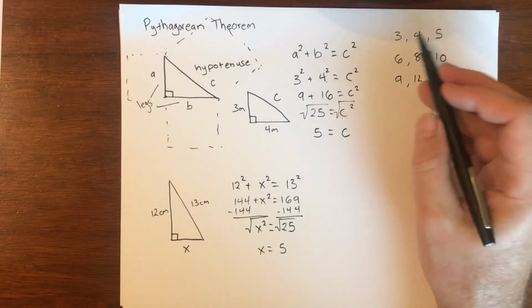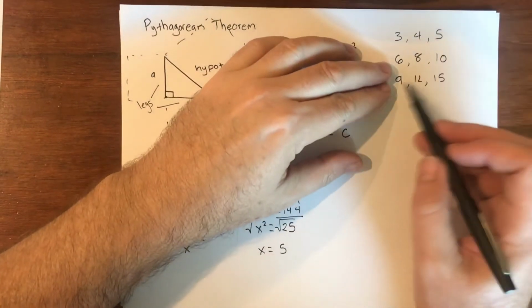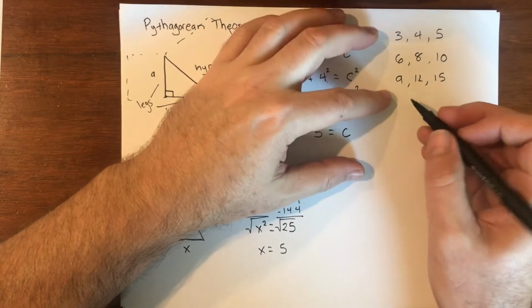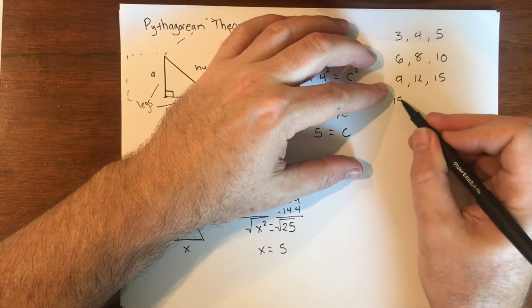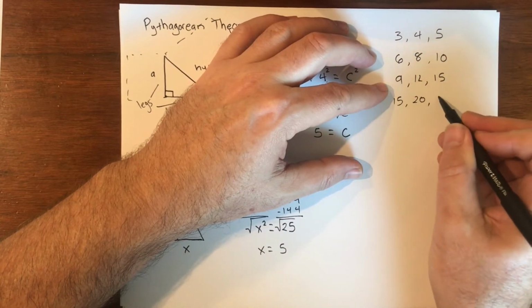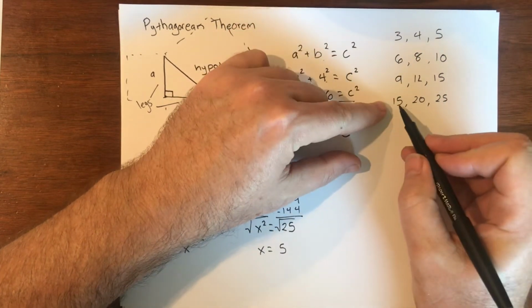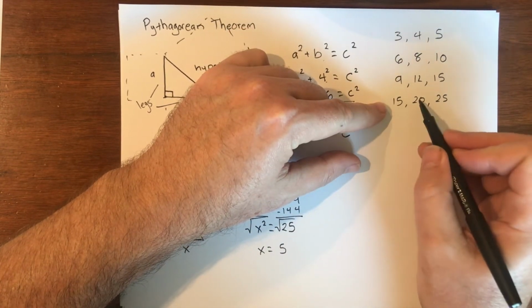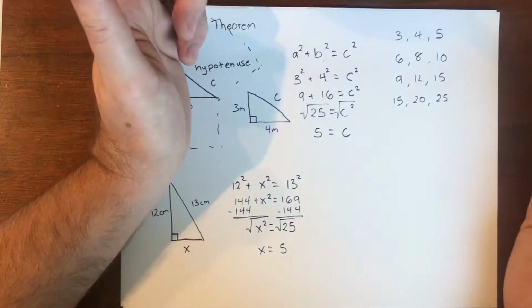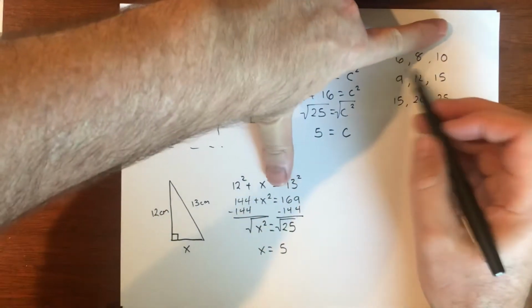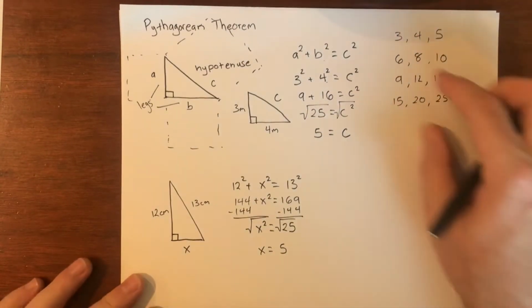So you're never going to see 3, 4, 5, but you're going to see versions of it. They'll give you the 5, of course, because that's an easy one too. 15, 20, and 25. That's going to be 225 plus 400 equals 625. These three right here are the things you're going to see the most.